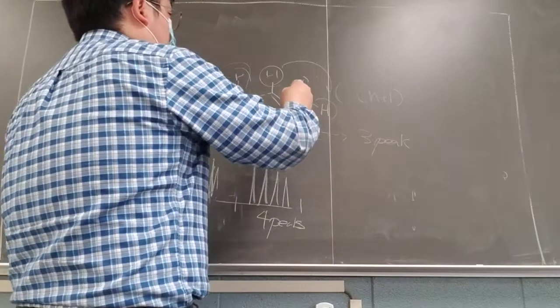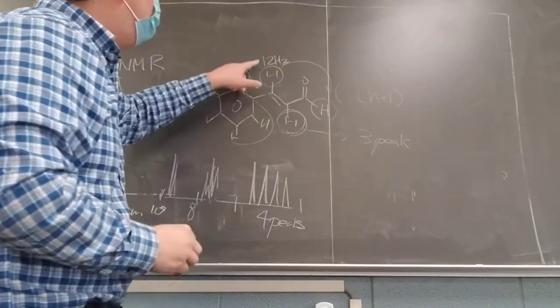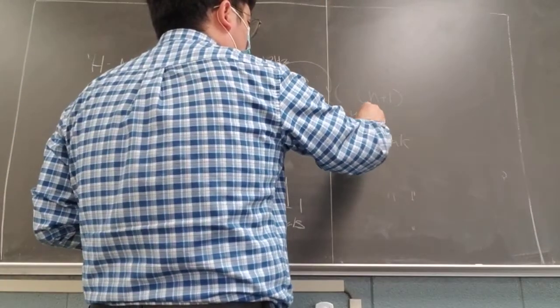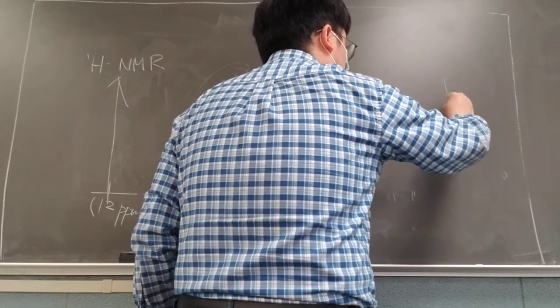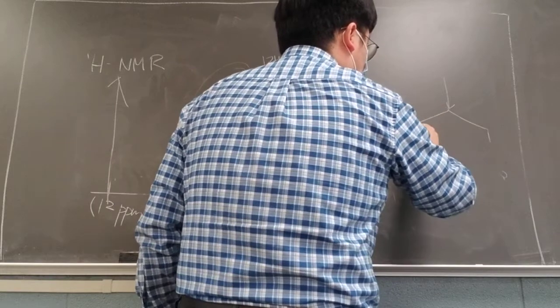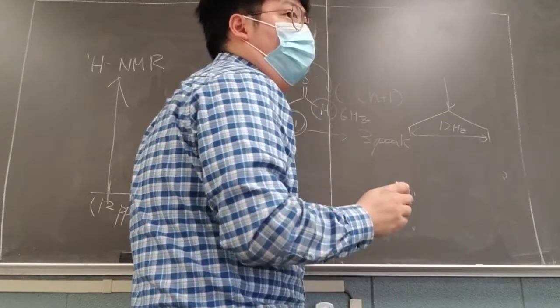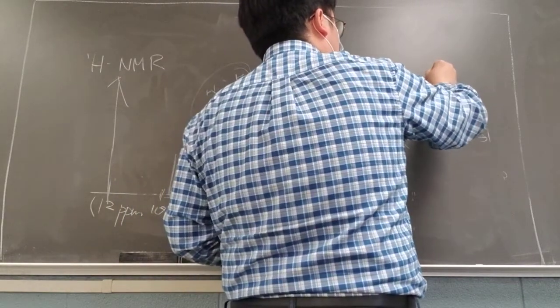So this will split the spin much wider than this one. Okay. So what happens to this one is when that signal goes down, they kind of spread into 12 hertz. This is what they use for measuring the distance. We call this a coupling constant.